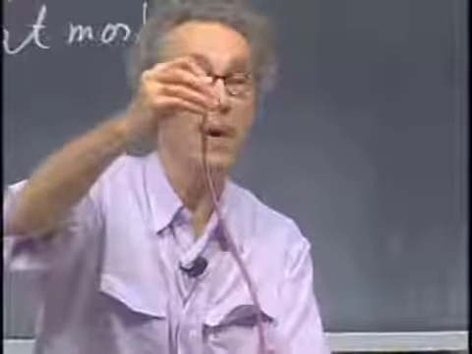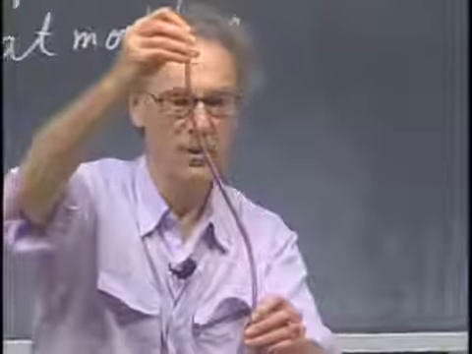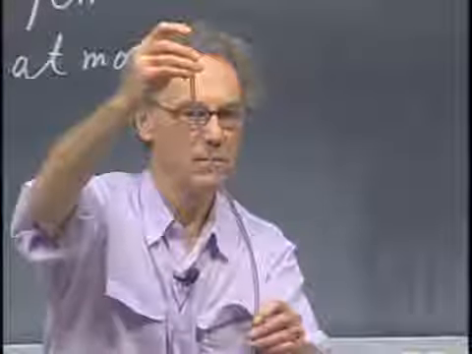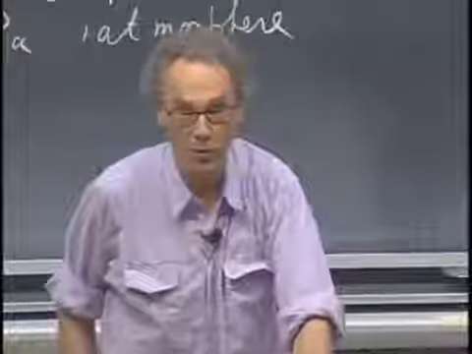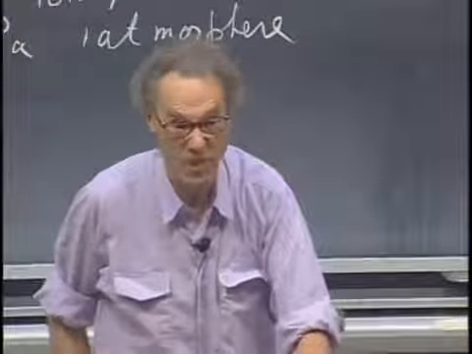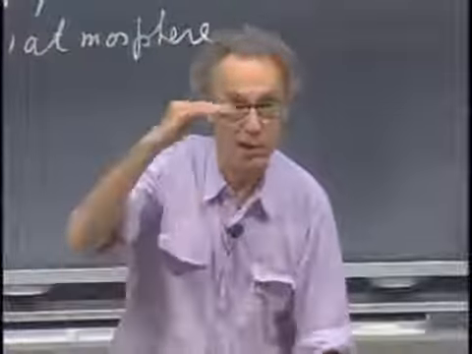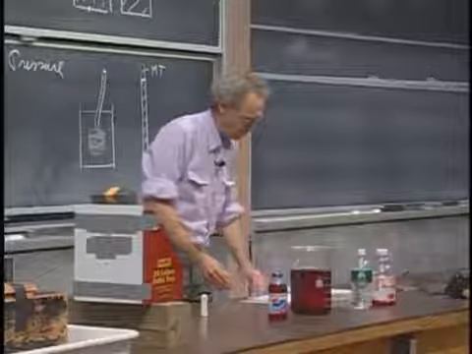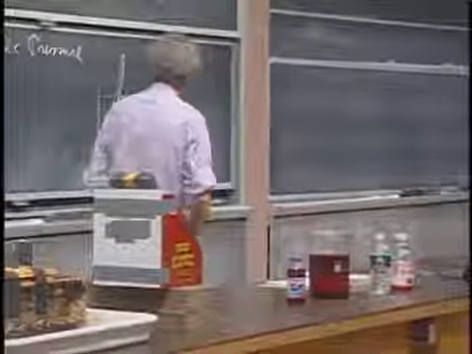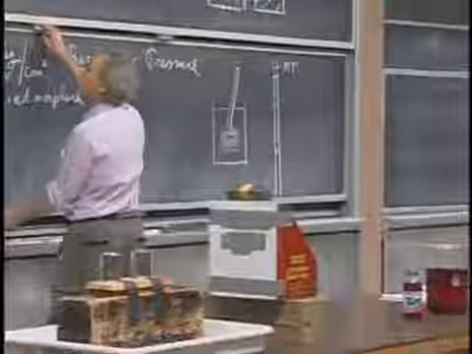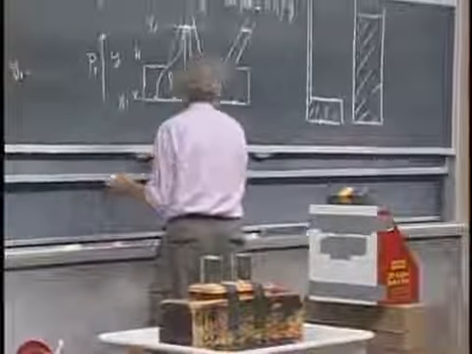It's only when I take my finger off the top that it goes down. But as long as I hold my finger on the top, it isn't going down. If my hose were long enough, and we will know shortly how long, turns out to be more than 10 meters, then we would see the cranberry break loose from the top. And this is a way that you can measure the atmospheric pressure, and I will now be more quantitative about that.